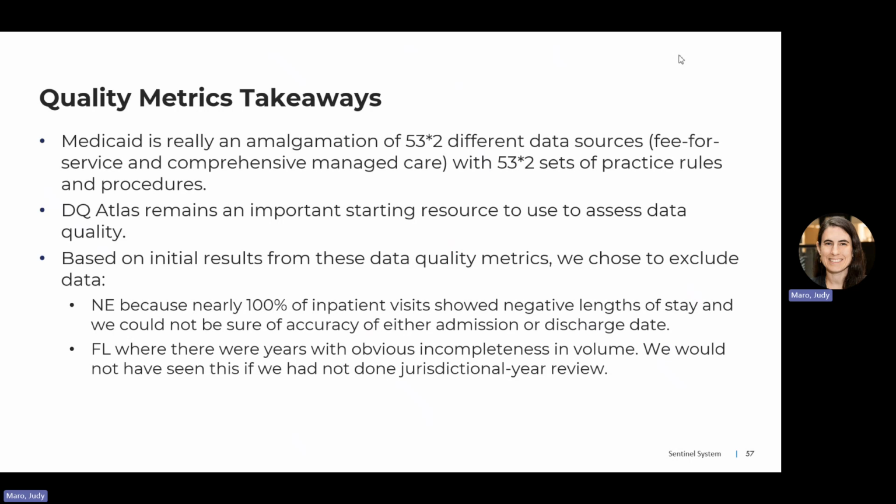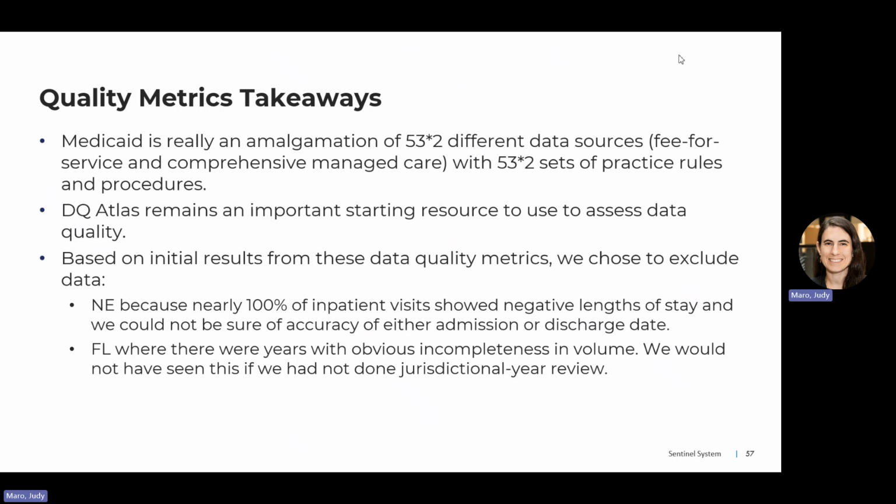We also saw some instability in Florida, where there were years with obvious incompleteness in volume. We would not have seen this if we had not done this very rigorous jurisdiction by year by plan type review. That caused us to remove some of the comprehensive managed care data in Florida during the 2-year period of 2017 and 2018.